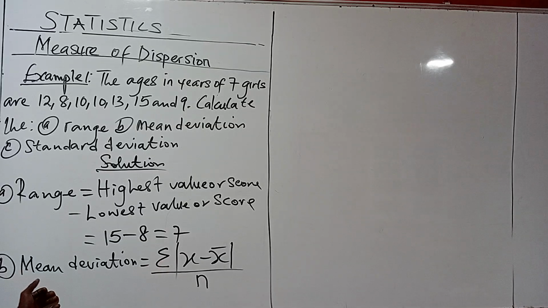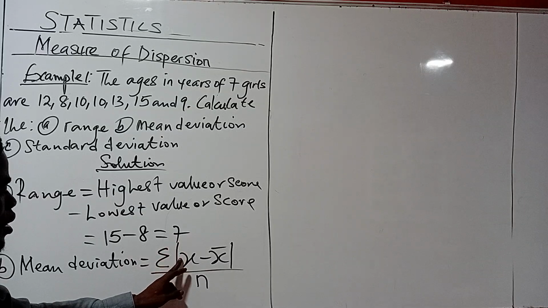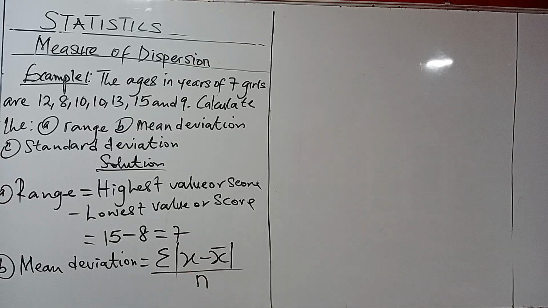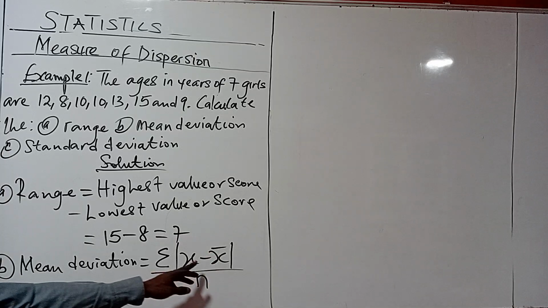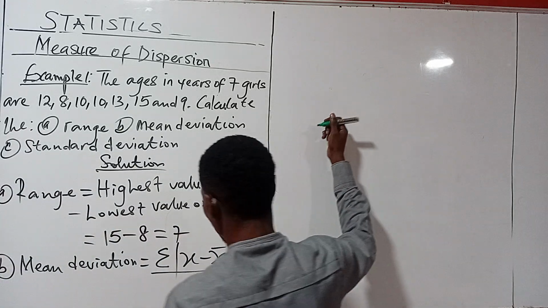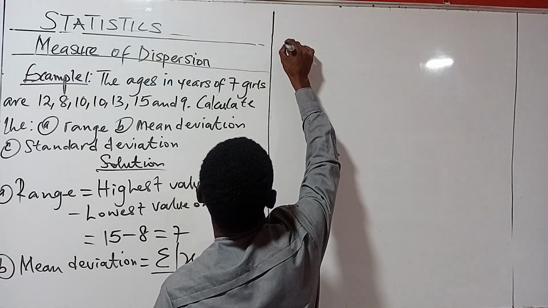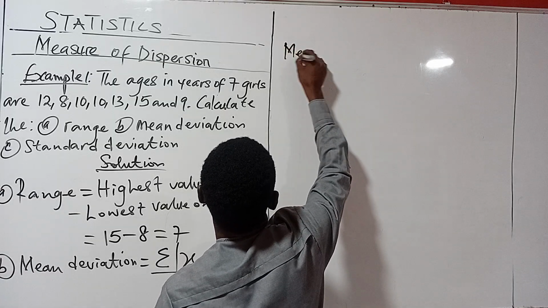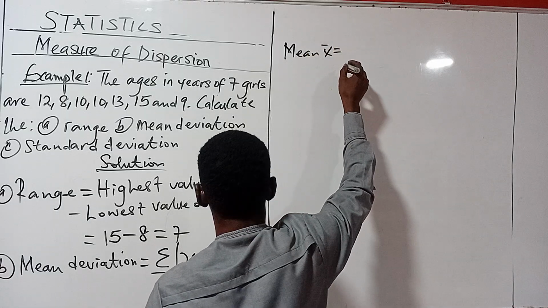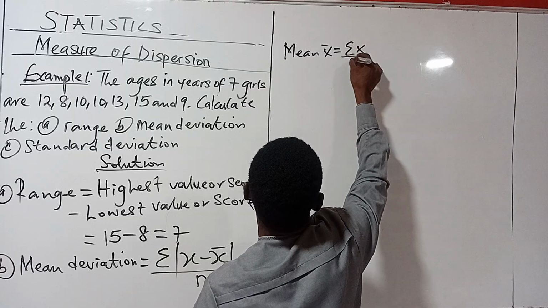So the mean deviation is the summation of x minus x bar divided by n. So it means that we need x bar. And how do we obtain the x bar? Your x bar, which is the mean, is going to be the summation of x over n.